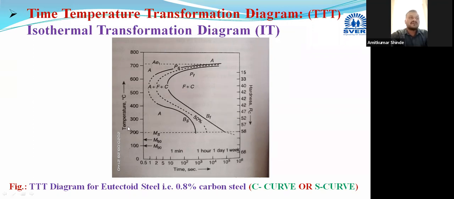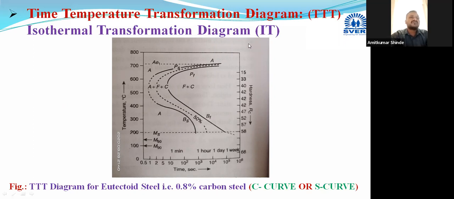When you draw this diagram, you have to mention the meaning of these labels: A is austenite, F is ferrite, C is cementite, then pearlite formation start, pearlite formation finish, bainite formation start, bainite formation finish, then martensite formation start, and Mf is martensite formation finish.